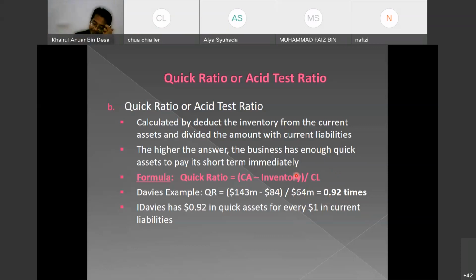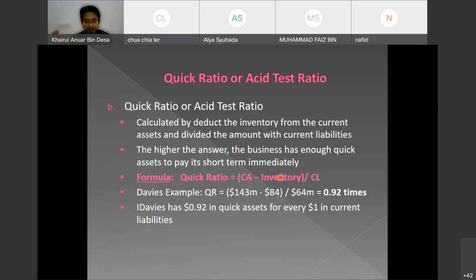From this calculation, we can see that this company is in problem of inventory management. The stock or the inventory, a lot of inventory in the company, but they cannot manage it, they cannot sell it, they cannot market this inventory out from the company.